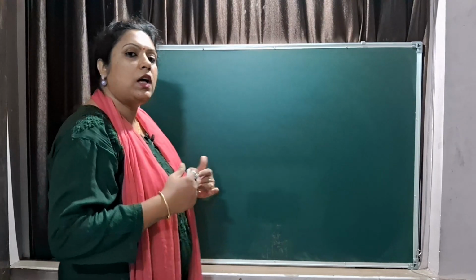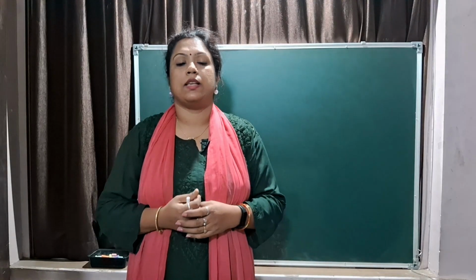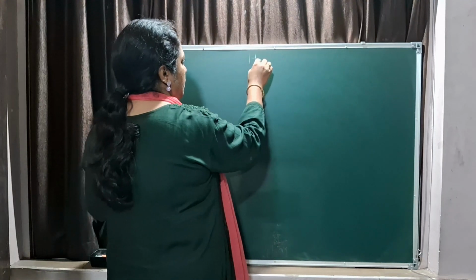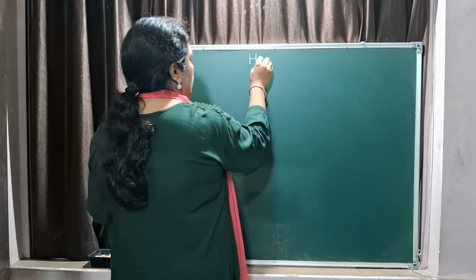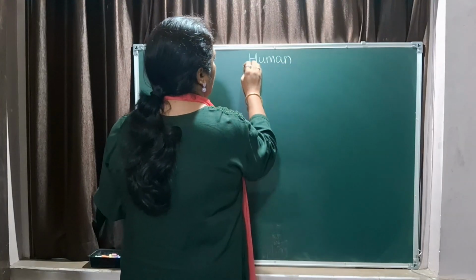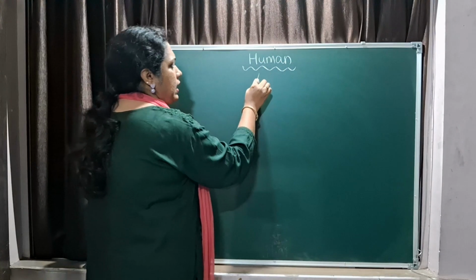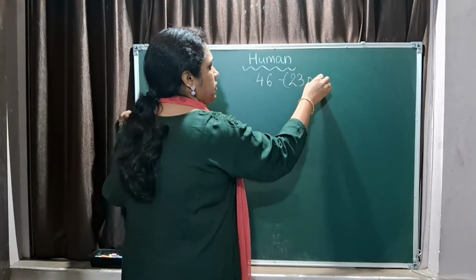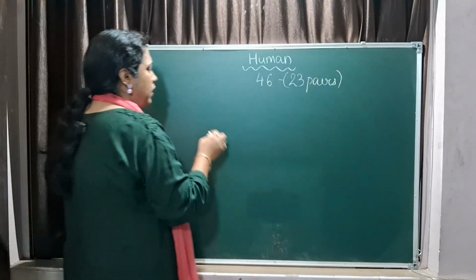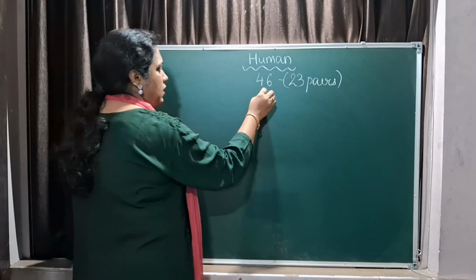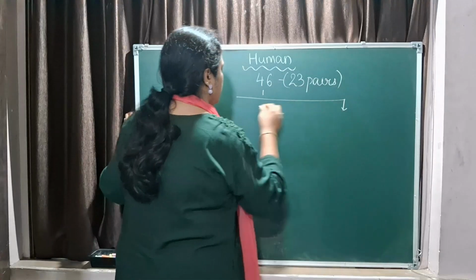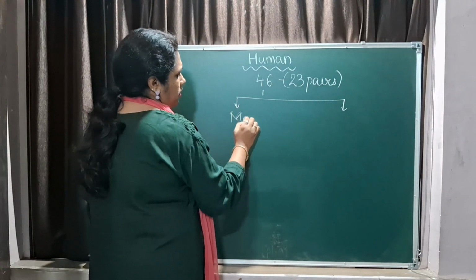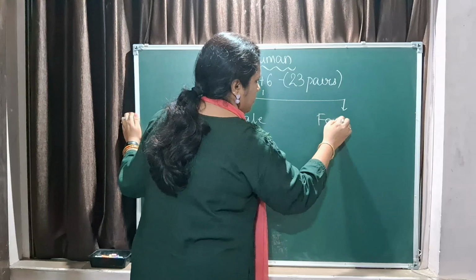I'll rub it quickly. Now when we talk about cell division, the first thing that you should understand is how many chromosomes the cells have. So let us take an example of human beings. You know the number of chromosomes in humans is 46, or you can say 23 pairs. For the body cells, there are two genders, male and female.